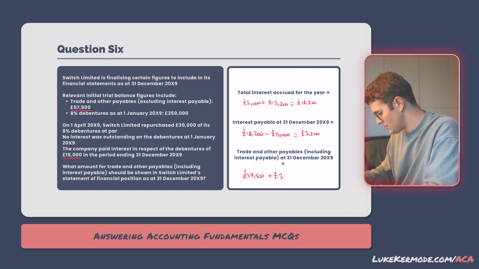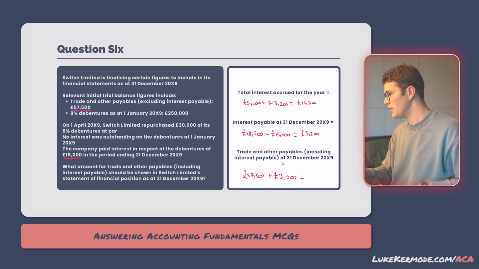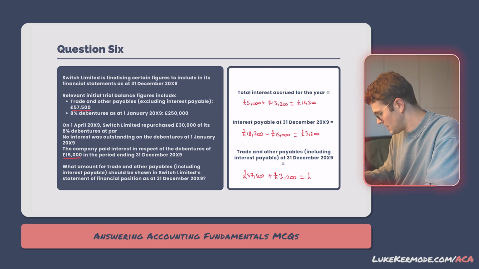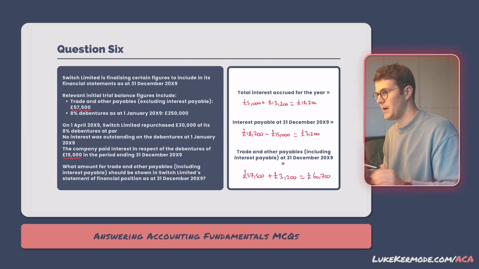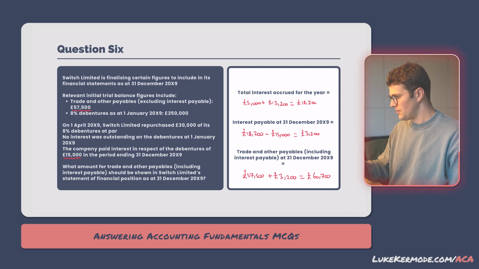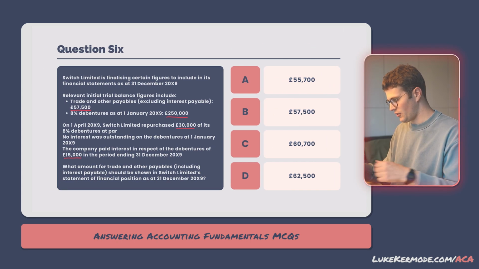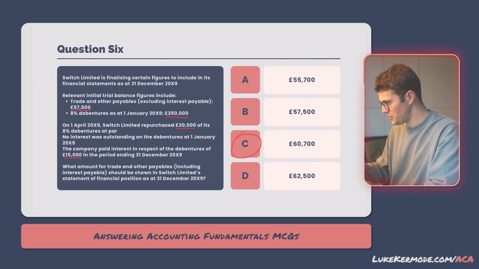We add on the interest owed at year end from our calculations above of £3,200. Therefore, our trade and other payables balance as at the 31st of December 20x9 is equal to £60,700. So that's the amount that needs to be shown in the liabilities section of Switch's balance sheet, and the correct answer is therefore option C.